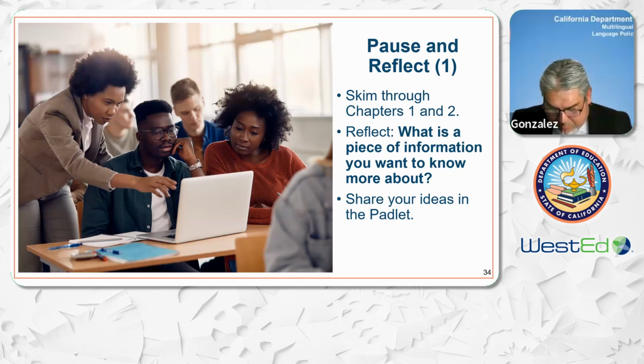That'd be kind of interesting. What else do we want to know about? Do you want to know more about how the standards are organized? How about in chapter 2? Do you want to know more about how the proficiency level descriptors are organized?